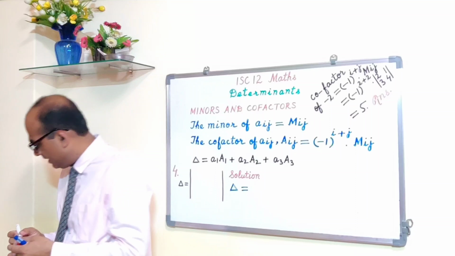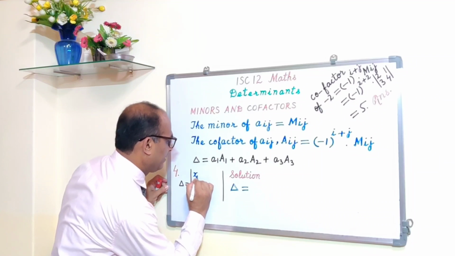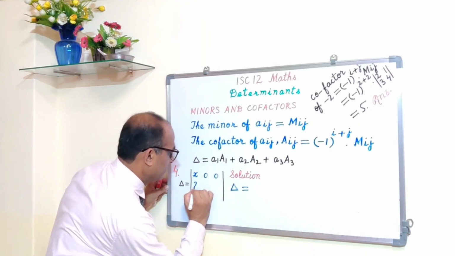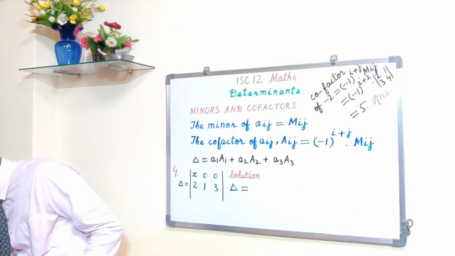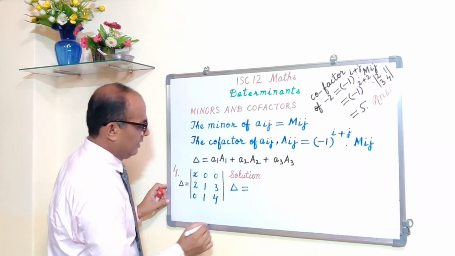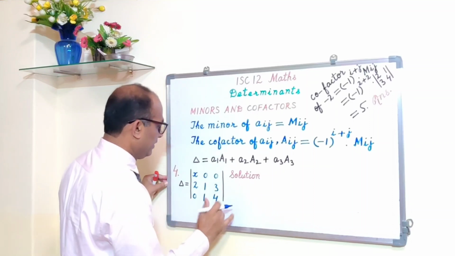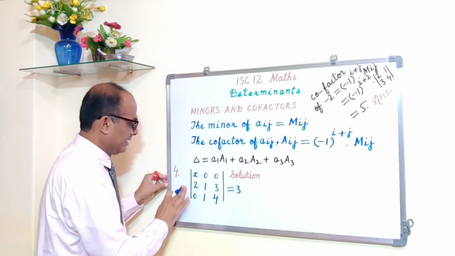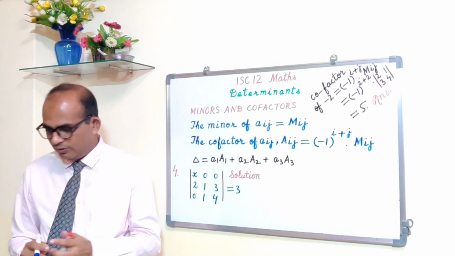This is given. Determinant is equal to 3. We have to find out the value of x.